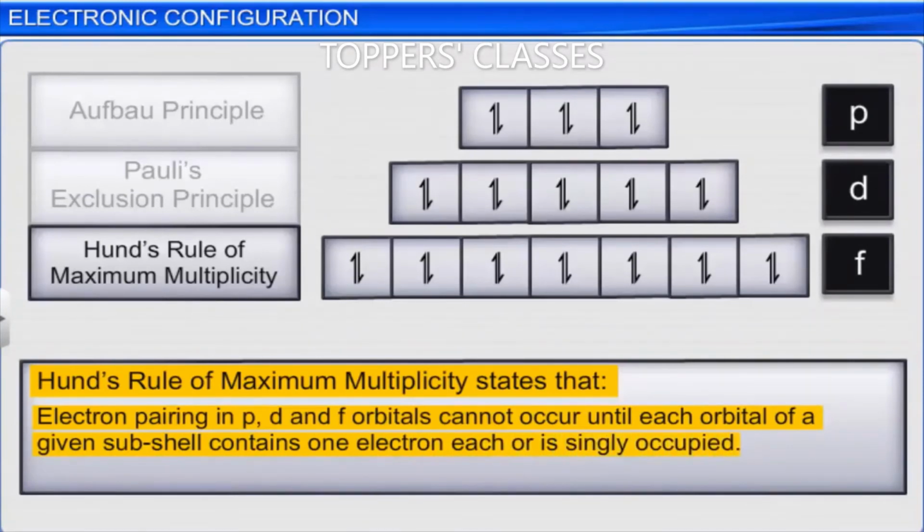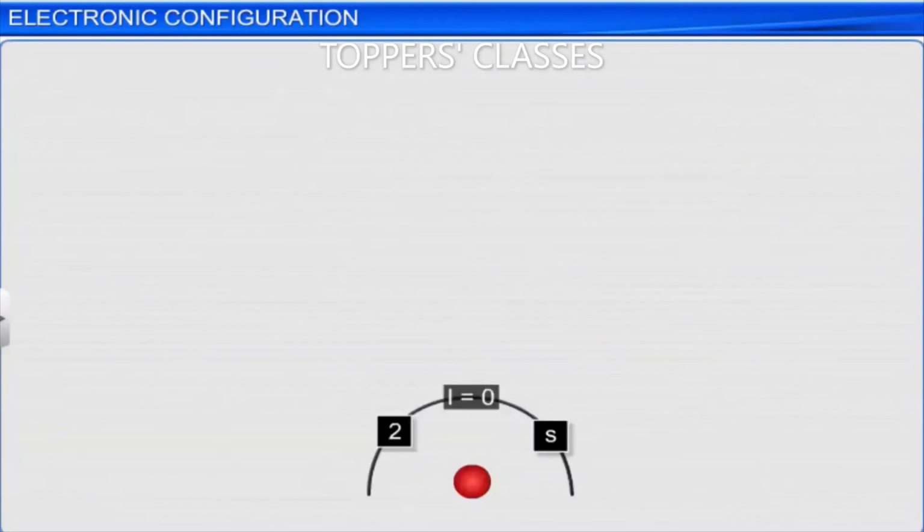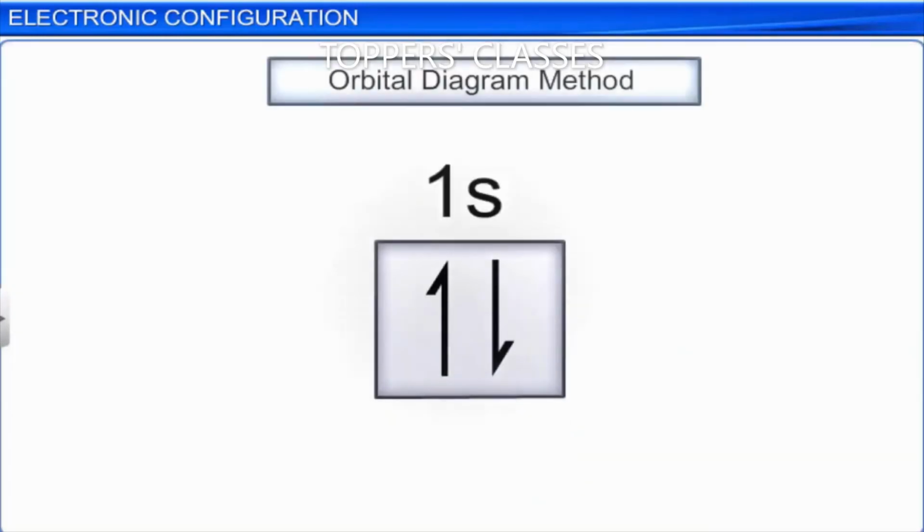We can represent the electronic configuration in 2 ways. One way is to represent it by the orbital diagram method. In this method, the orbital is represented by a box and an electron is represented by an arrow in it.